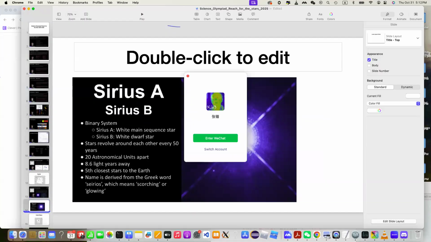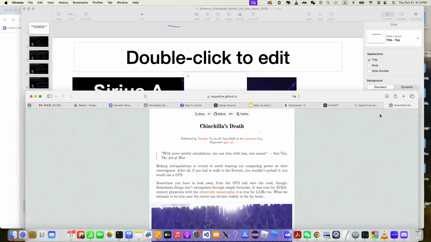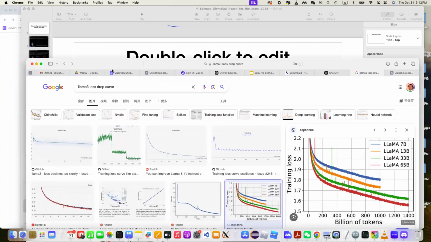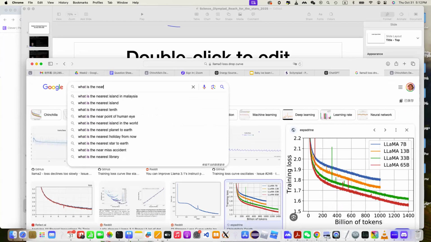We can check very quickly. The nearest star.